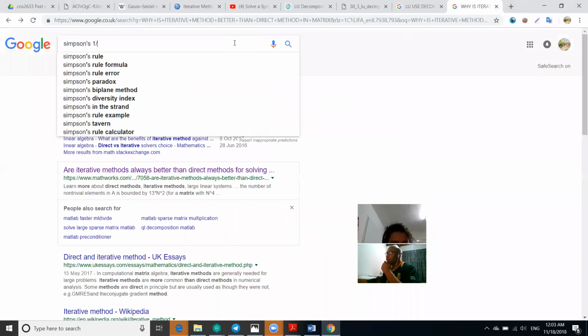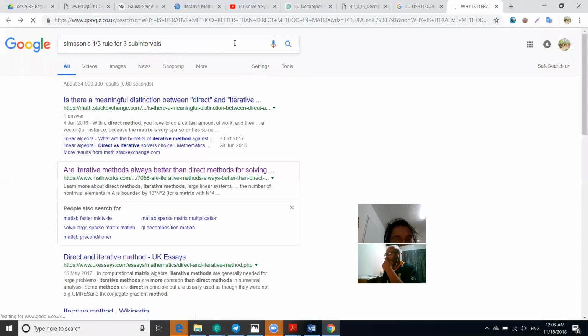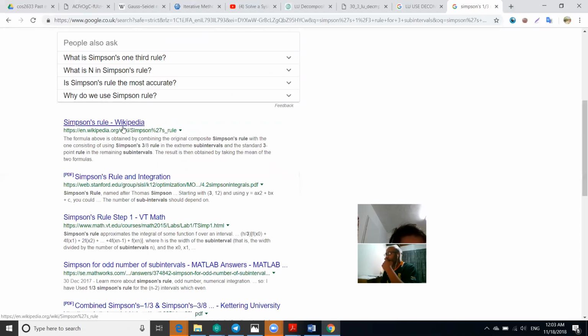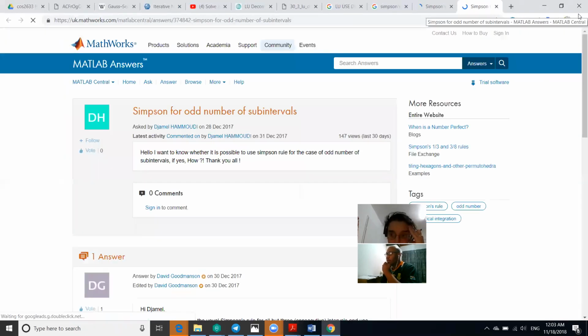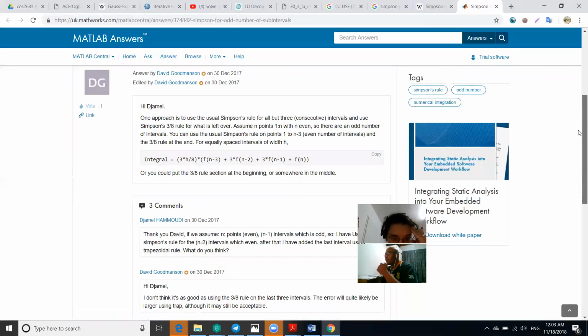Simpson's 1/3. Go to your Edge and then just copy the URL and paste it here. Okay, where was the calculator?